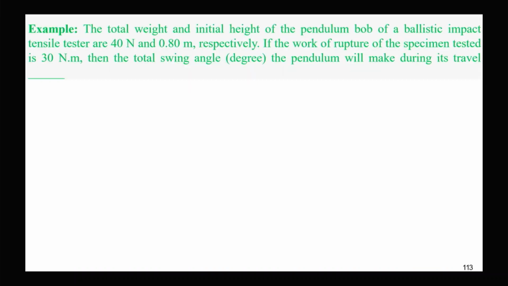Another numerical: total weight and initial height of the pendulum bob are given as 40 Newton and 0.8 meter. Work of rupture is given as 30 Newton meter. The total swing angle, again, we have to solve the numerical.